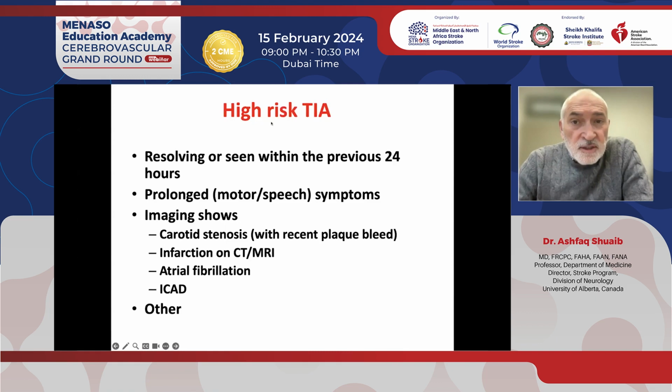These are your high-risk patients. They're TIAs if it's less than 24 hours. They're a stroke if it's more than 24 hours. Very important that you understand this, because on the background of this, the treatment is based. Minor stroke, major stroke, high-risk TIA, and that's when you start thinking of dual antiplatelets.